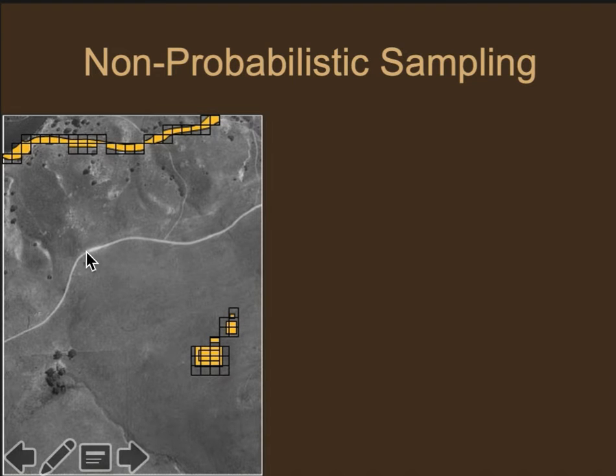If you evenly sampled other parts of the landscape, then you could say, yes, we sampled other areas and there were no sites found there, right? So non-probabilistic sampling has its drawbacks, but also its positive features.